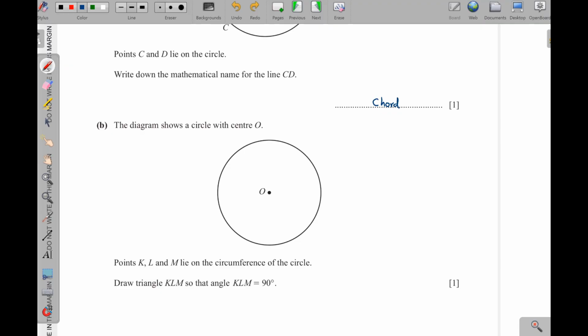Okay, so I can say maybe this is K. Okay, K. Then L, you're saying is there, and then M. Now, if this one is 90 degrees, you should know that one of the circle properties is that angle in the semicircle is always 90 degrees. So this one here, I must have the K, then this is, let's say, this has to be the M. So this has to be the diameter. KM has to be the diameter. That's why they put for you the what? The center. So when I connect this to the circumference of the circle, then I should get what? The L there. It has to be 90 degrees.